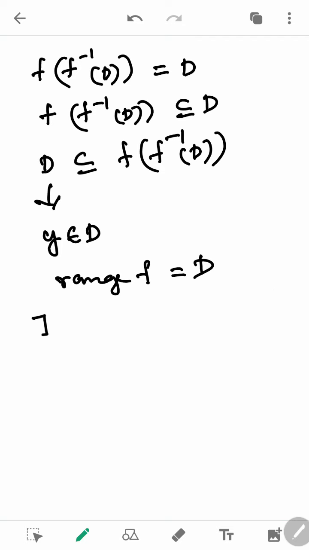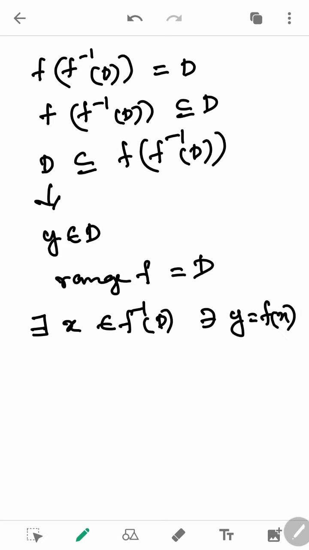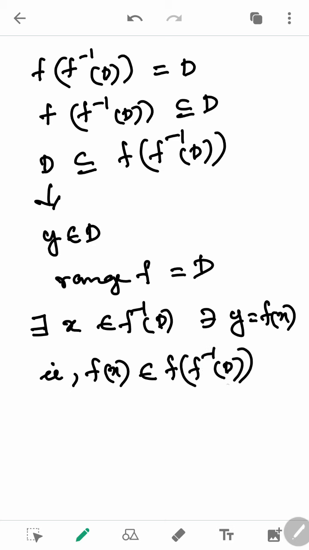That is, there exists X belonging to F inverse D, this is the preimage, such that Y is equal to F of X. That is, F of X belongs to F of F inverse of D. What is F of X? F of X is Y. So Y belongs to F of F inverse of D.